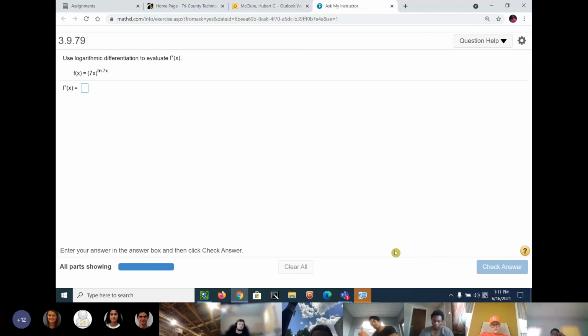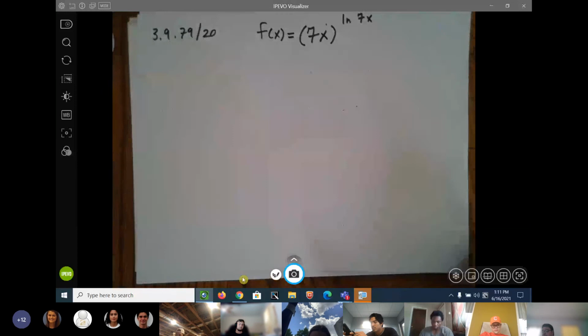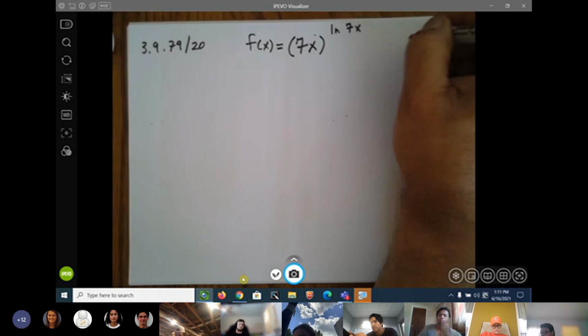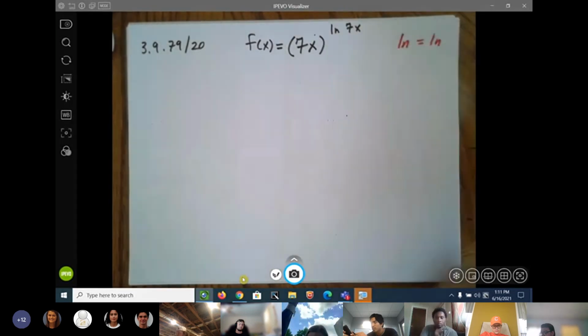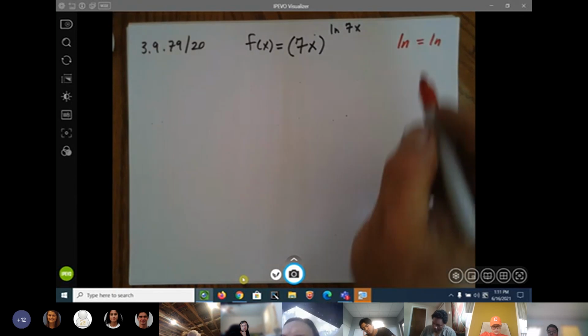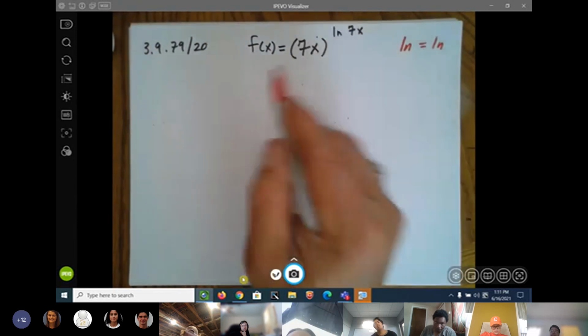Now, when you see a problem like this, besides quitting, what should you do? Well, when you see one like this, I'm going to put it in parentheses over to the side. Take the natural log of both sides. Now, a lot of you are saying, well, here we got to take the derivative. I know, but you're using logarithms to take the derivative.